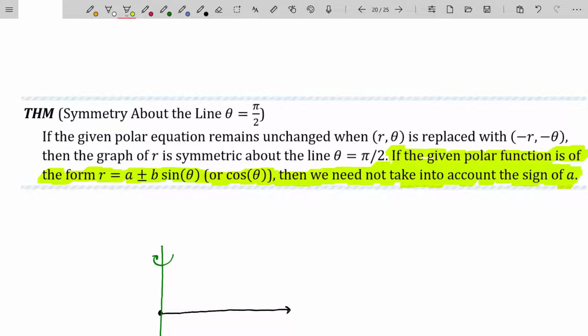So if I substitute that in and it changes, it could still be the case that the graph is symmetric about the line theta equals pi over 2. So this says nothing about if the if part fails. It says nothing about that. All it says is if the if part is true, then we can guarantee it's symmetric about pi over 2.